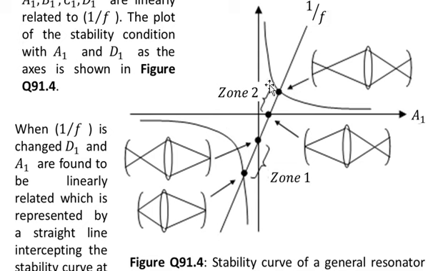So the resonator will be stable in the region between the axis and the instability curve, and the region over here between the axis and the instability curve. So we have chosen these two extreme points on zone 1 and these two extreme points on zone 2, where we have the resonator with marginal stability.